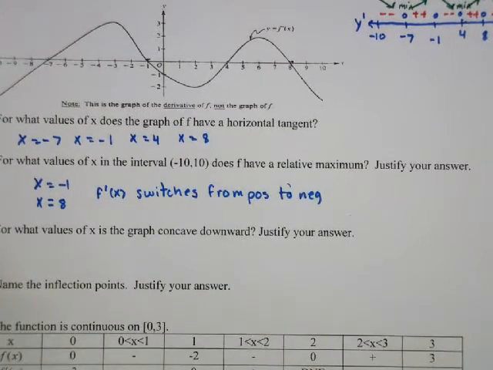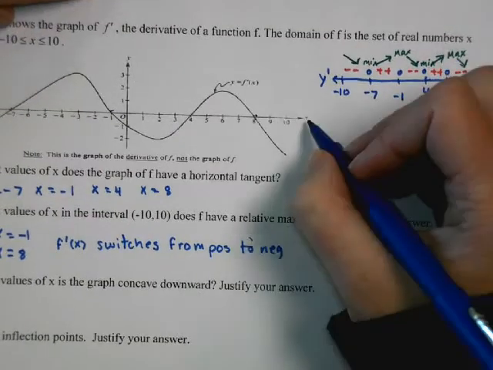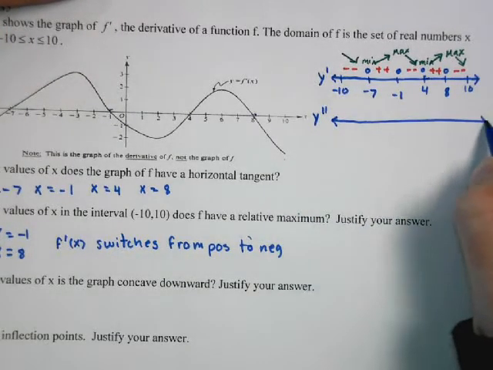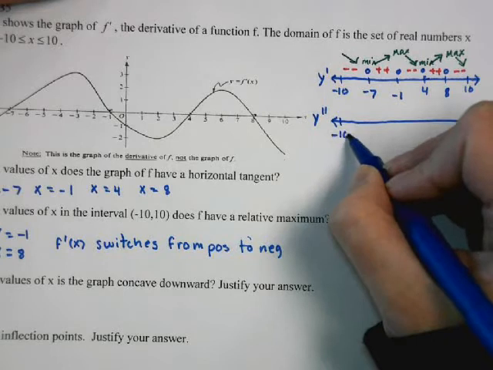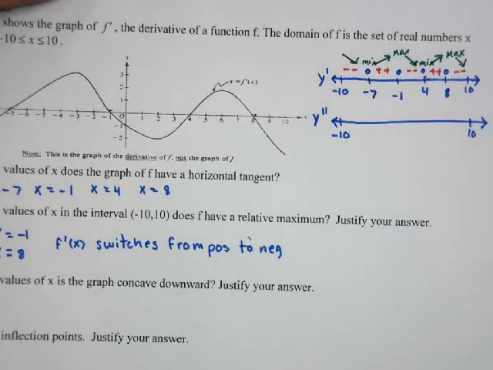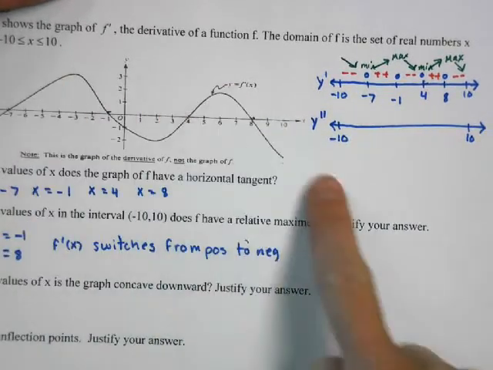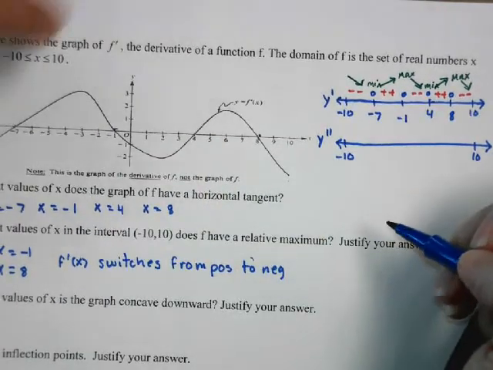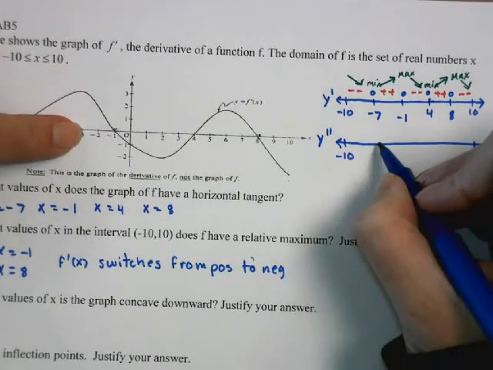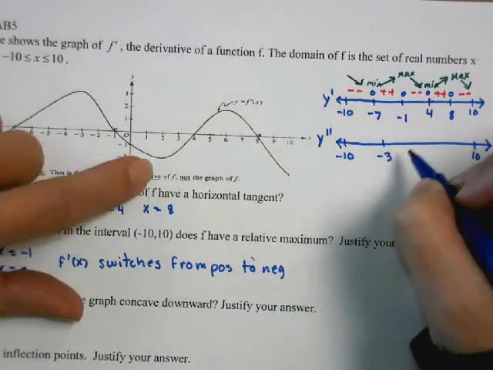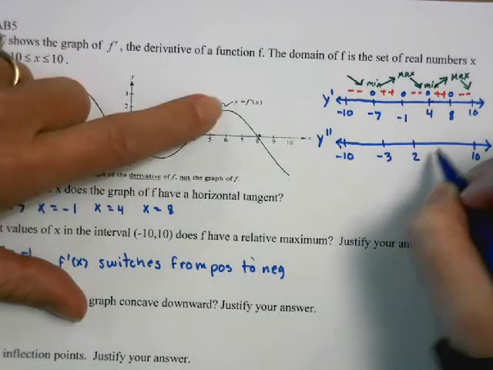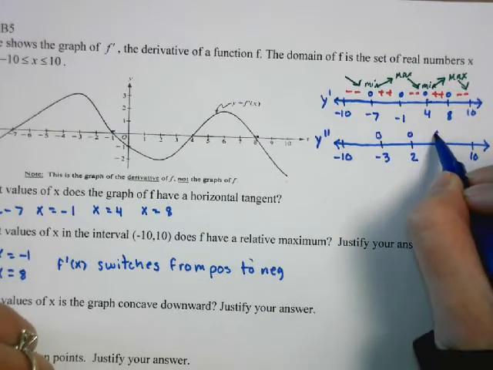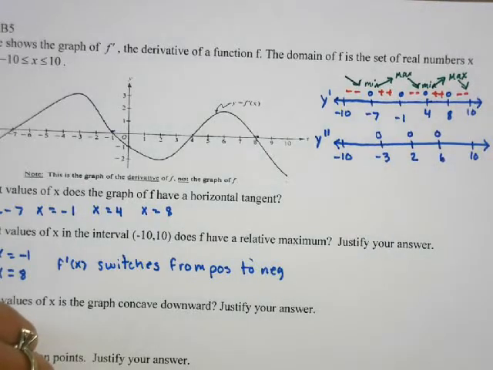For what values is the graph concave down? So now we want to look at the second derivative. The second derivative is going to be the derivative of this. So where this graph has a maximum or minimum, the second derivative is going to be 0. So at -3, at 2, and at 6, my second derivative is going to be 0.